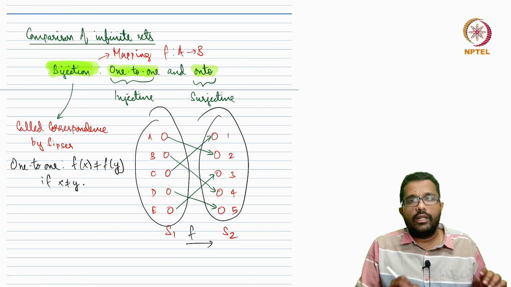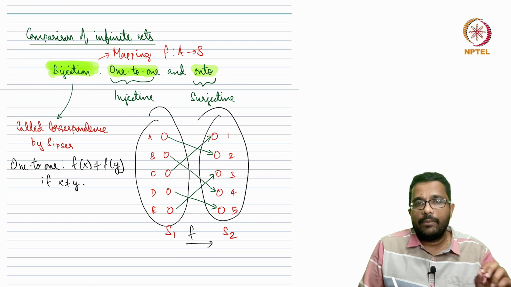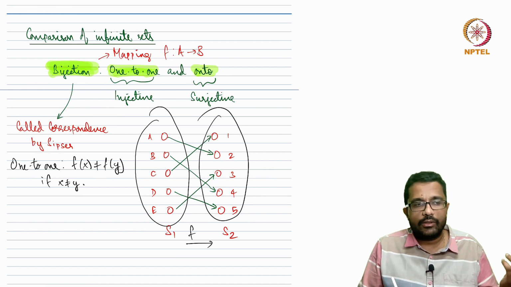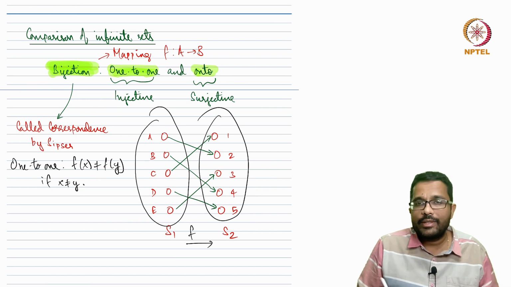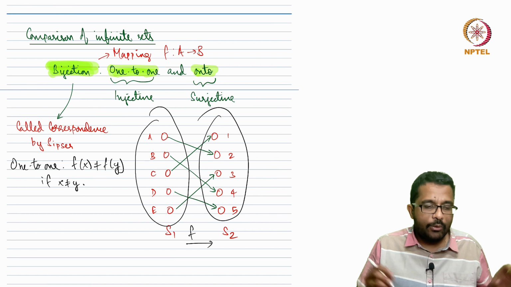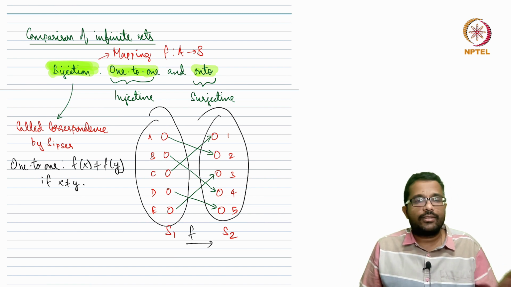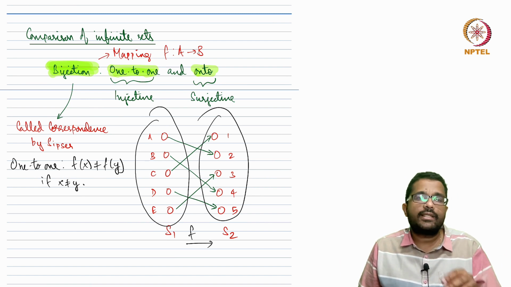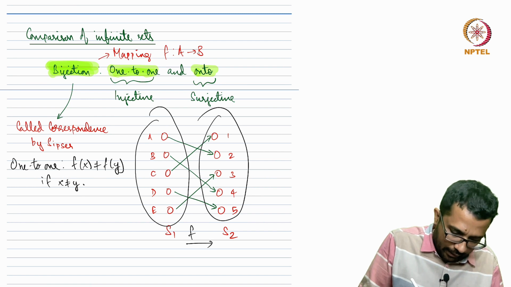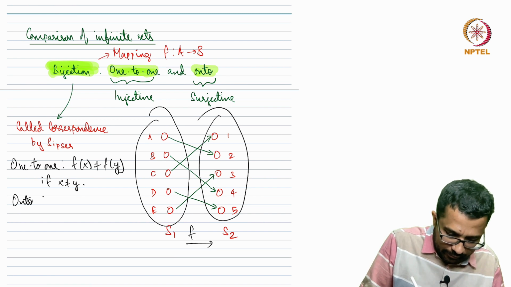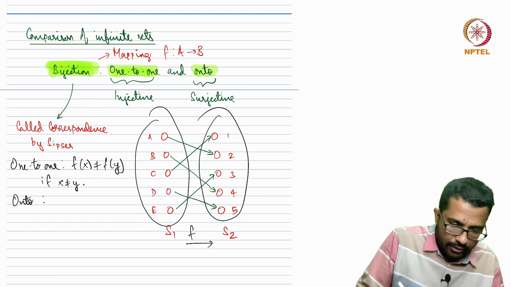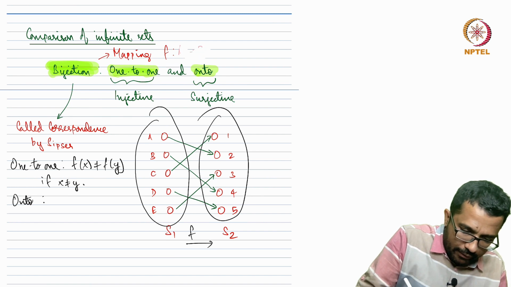The only way two elements can have the same image is if the two elements are indeed the same, or let's say it's a very twisted way of saying it. So basically two distinct elements x and y, if x is not equal to y, their images are also going to be different. And onto means, so maybe over here I will say f from S1 to S2.